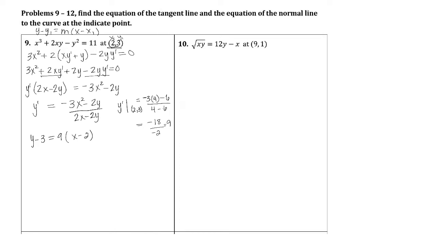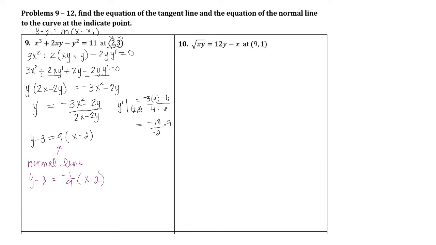So if we look at the normal line, it's going to incorporate all of the same stuff except for our slope. We're still going to have y minus 3 equals, but this time it's going to be the negative reciprocal. All right, so there's our equation of our normal line and our equation of our tangent line.